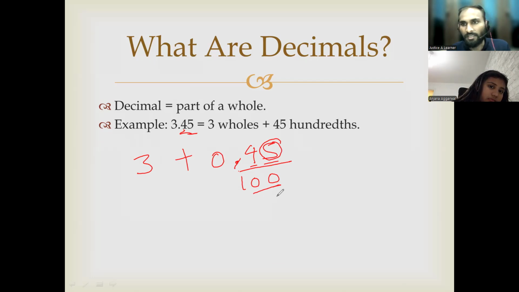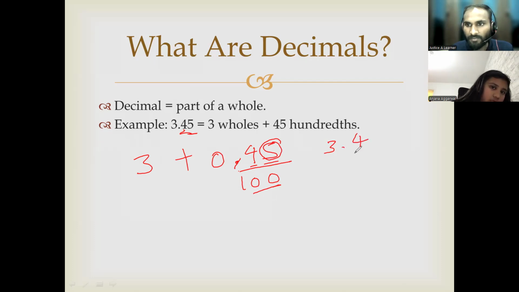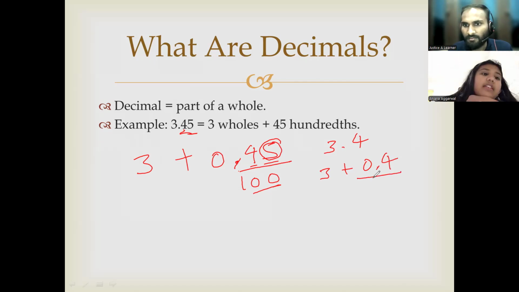Why I'm letting you know this here is because if it would have been written only 3.4, just understand this, 3 plus 0.4. Are you getting my point? So this would have been tenth, because there would be only one digit after the decimal.